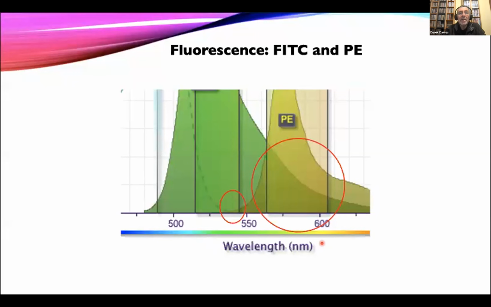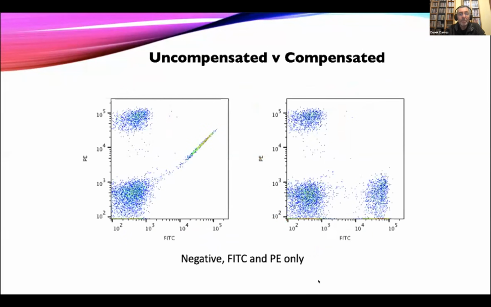And how does that manifest itself? Well, if we do a very simple experiment here, where we've just got three populations of beads in this case, a negative population, a PE positive, and an FITC positive. Now, in the absence of any compensation, if I were to look at the histogram of the FITC channel, I would see something that looked like that.